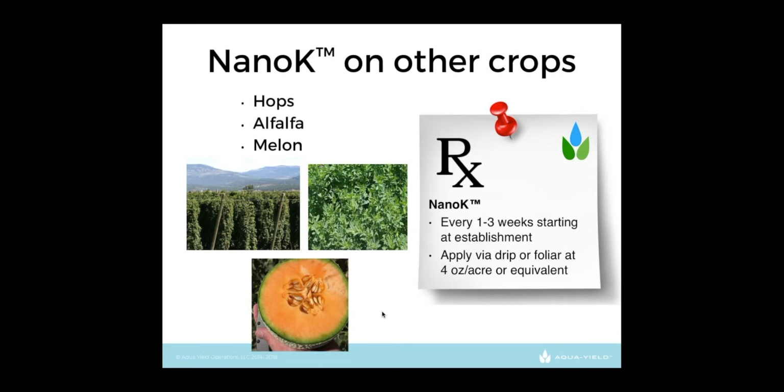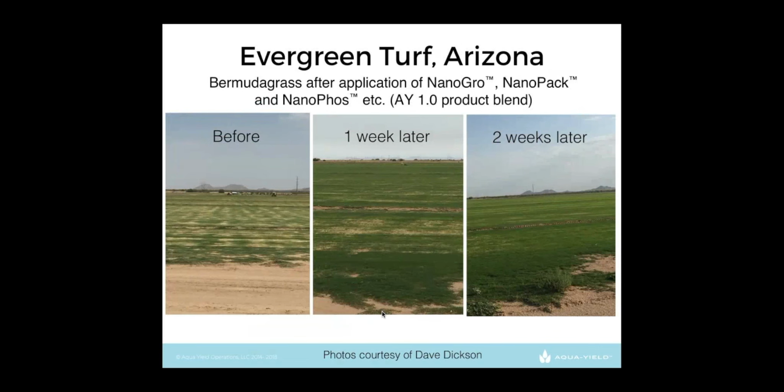In alfalfa, potassium can improve yield, protein quality, and feed quality. And in melons, it can increase the Brix quite drastically, if you remember our last month's webinar. So the prescription we have here is to apply Nano-K every 1 to 3 weeks, starting at establishment, and apply that via the drip or foliarly at the 4 ounce per acre rate.